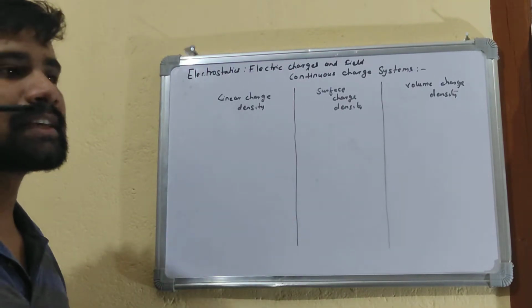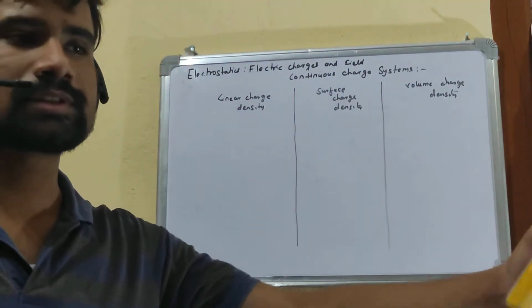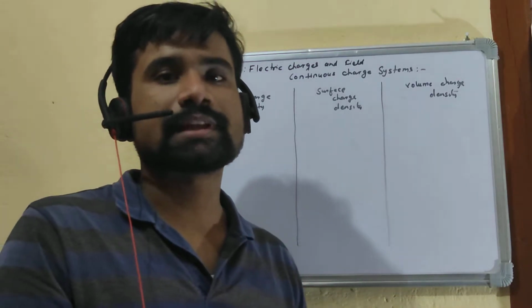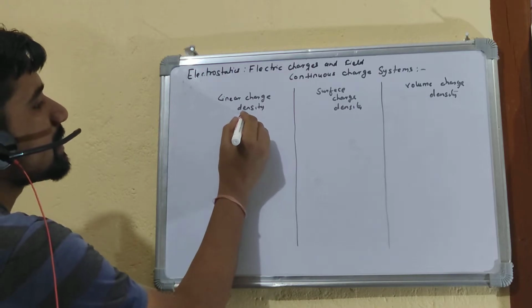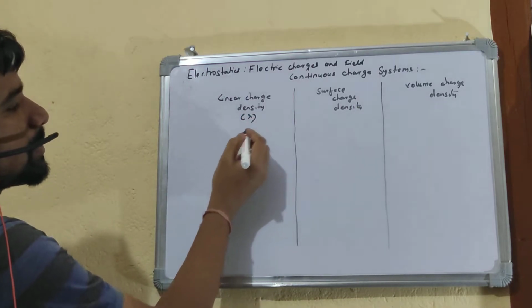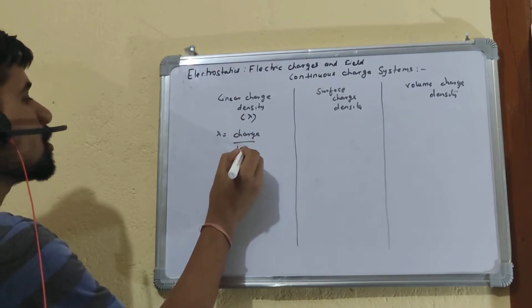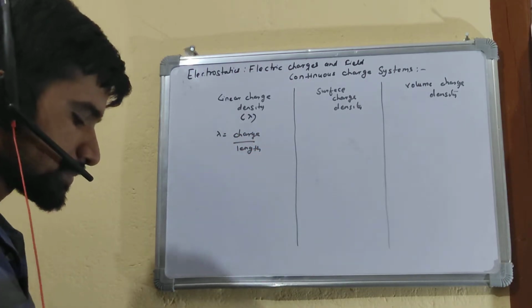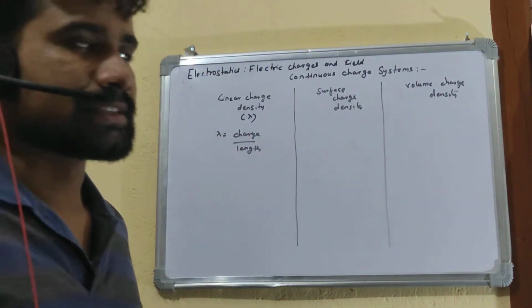Linear charge density is for the systems where charges are distributed along the length, like I just gave an example of a wire, a rod, or systems like that. For those types of systems, this linear charge density, which is represented by lambda, is given by charge by length, charge per unit length, right? Surface charge density, right?